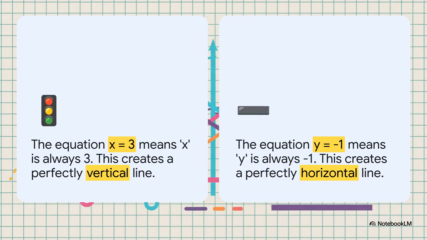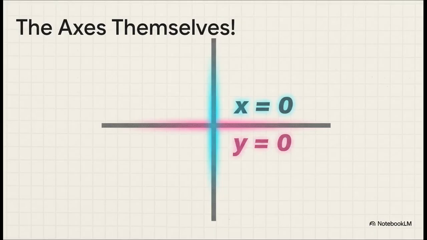That gives us a perfectly horizontal line, because y is always locked in at negative 1. And get this, it gets even cooler. The actual axes of the graph, the ones we use to plot everything, they follow these rules too. The y-axis is just a line where x is always 0, so its equation is simply x equals 0. And the x-axis? Well, that's just a line where y is always 0, so its equation is y equals 0. See? It all fits together perfectly.